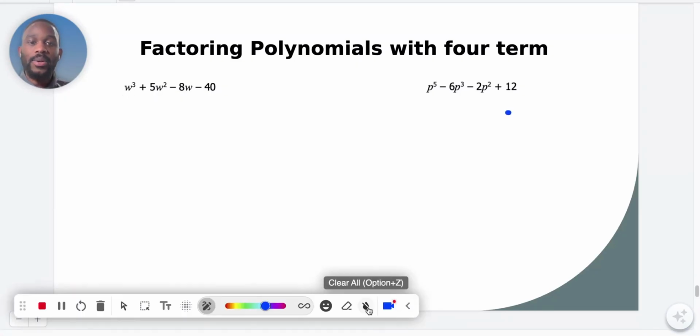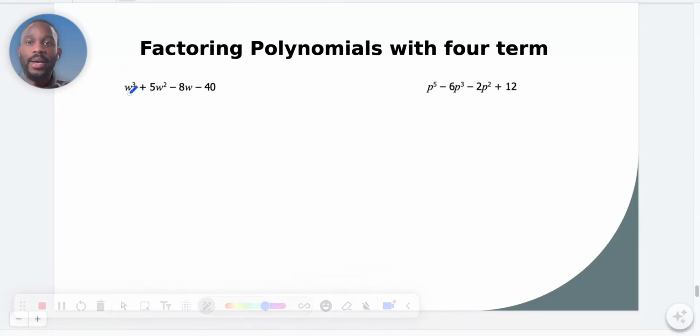Then another thing, look at the powers, the order of the polynomial. Is it in the right order? What I mean by that is it starts with the highest power followed by the next power. If you look at the exponents, they have to be in descending order.